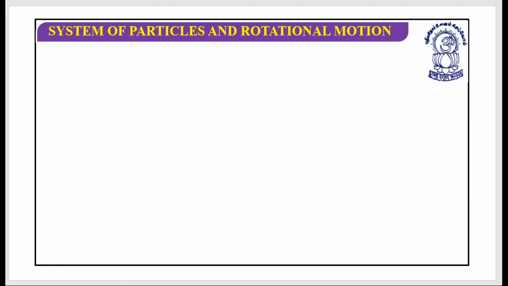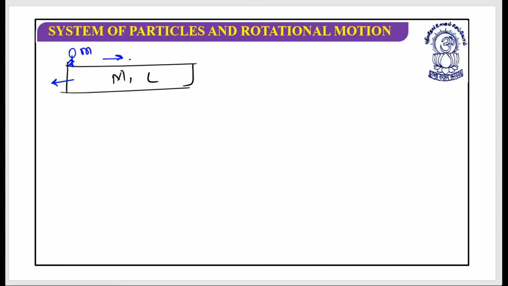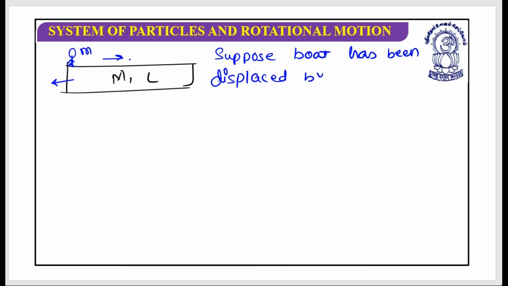So how will you do this? This is just the logical aspect of how we can do this. What we understood is, this is a boat having mass M and length L. You are standing over here, your mass is m. You are going to move in this direction, then the boat will, let's say, move in this direction. Let's suppose the boat has been displaced by an amount x.